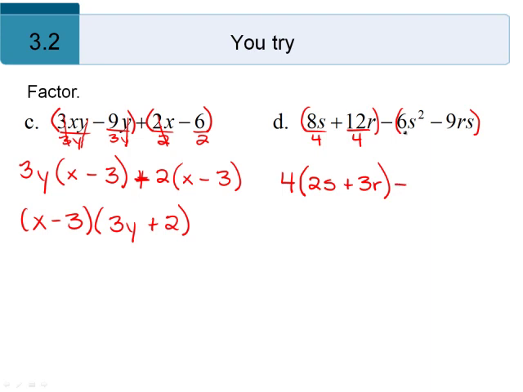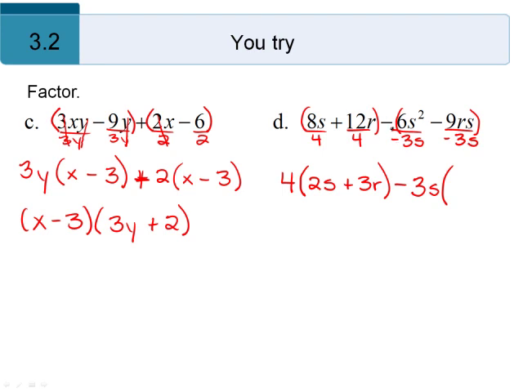The common factor between 6 and 9 would be 3. And there's not an r in both terms, but there is an s, and the smallest exponent is just s. Okay, so that comes out. Now, here's the tricky part. When you go to put your common factor back up for the second 2 terms, that negative sign now goes with the 3. So what you're going to divide by is negative 3s on both of those terms. Very important to keep that sign.